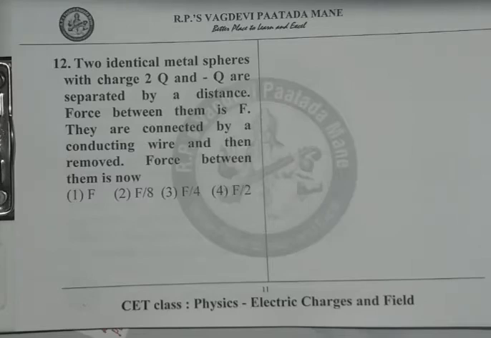In fact, observe, in the beginning, the force is F. Once we connect them together, they have to acquire the same potential. It's a very important tool. Whenever we connect two conductors, one charged, other uncharged, or both charged, finally they acquire the same potential. We have to use that logic here.